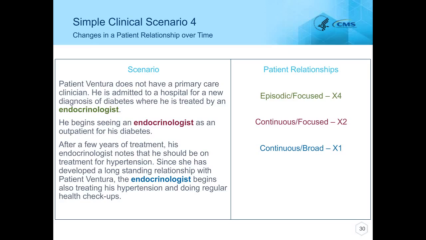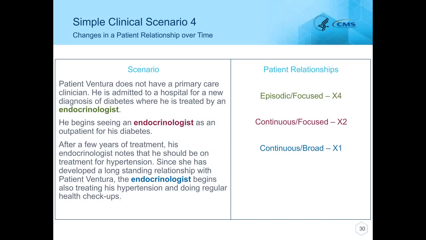In the outpatient setting, the endocrinologist, highlighted in red, starts seeing the patient regularly and over a long period of time, focused on the diabetes again. So it's a continuous, focused relationship categorized as X2 in red. Many years have passed.